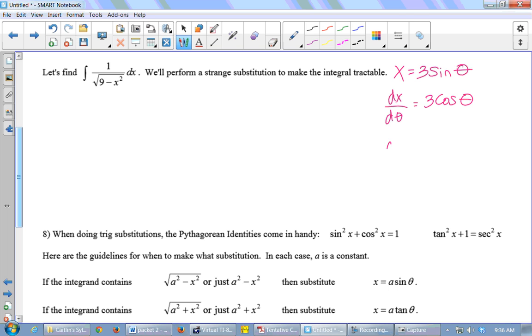Which means that dx all by itself is 3 cosine theta d theta. And then I'm going to make a substitution. So this becomes the integral of 1 over square root 9 minus, and instead of x, I'm going to write 3 sine theta.